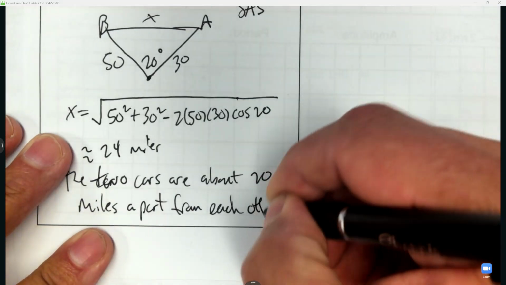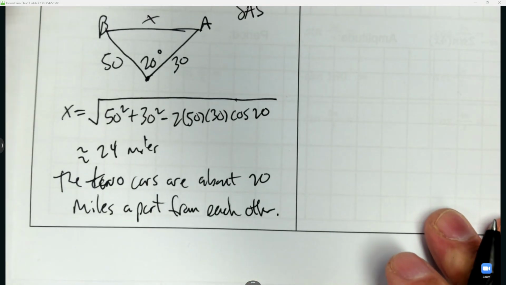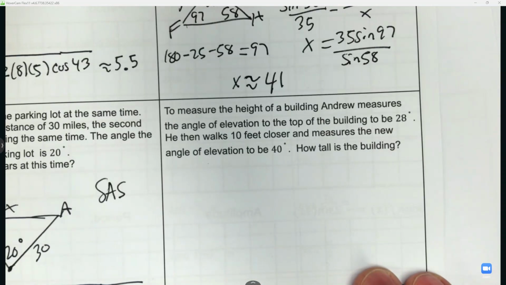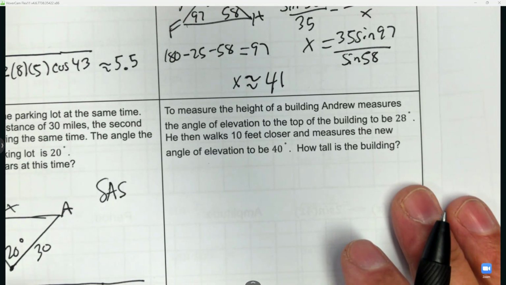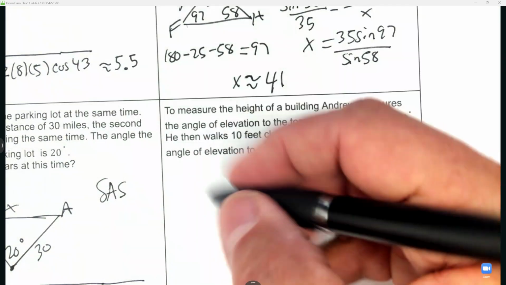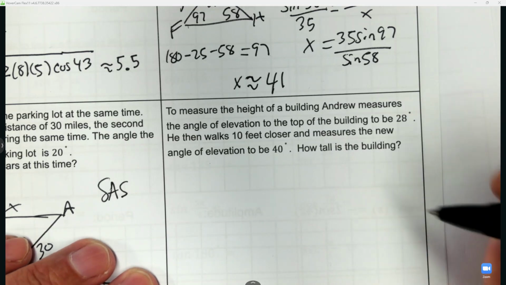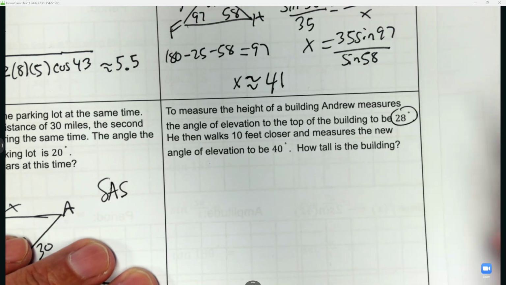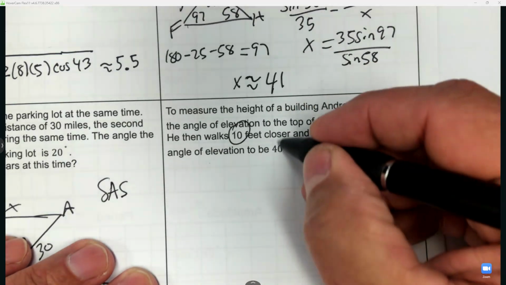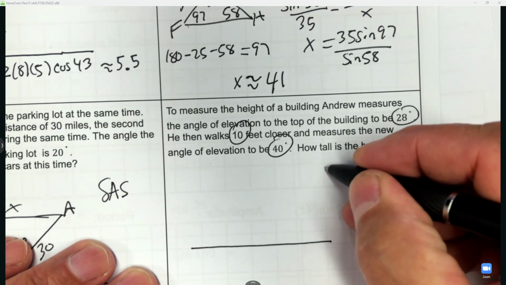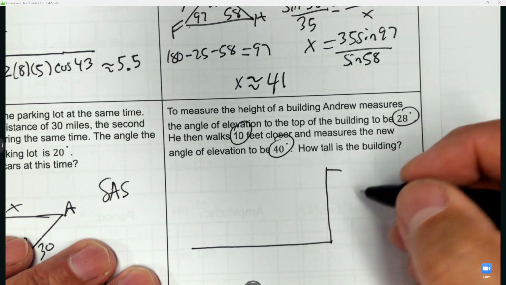All right, let's read the next story. Press pause if you need to. That's the word two, T-W-O. You should read it first and see how you do. To measure the height of a building, Andrew measures the angle of elevation to be 28, then walks 10 feet closer, and then the angle is 40.